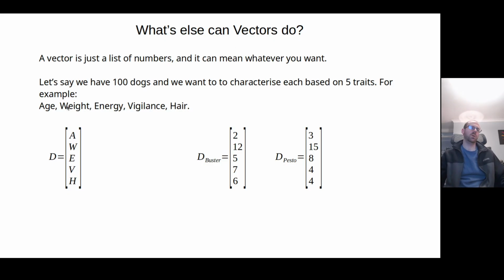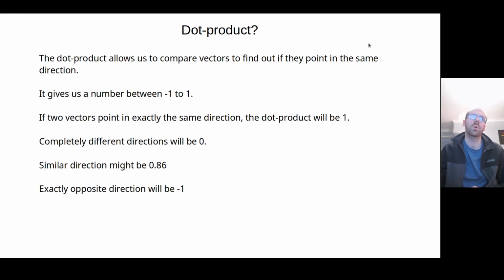So you could find some characteristics that can be expressed using numbers. In our example, age, weight, energy levels, vigilance, hair length, whatever. And each dog will have its own vector of numbers which represents its traits.